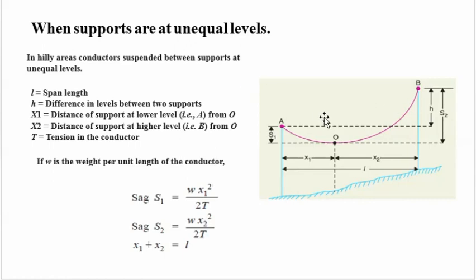In this figure, the L is span length, H is difference in levels between two supports, H1 is distance of support at lower level, that is A from O, means H1 is distance of A from O, and H2 is distance of B from O, and remember B is at higher level and A is at lower level. Here T is the tension of the conductor.